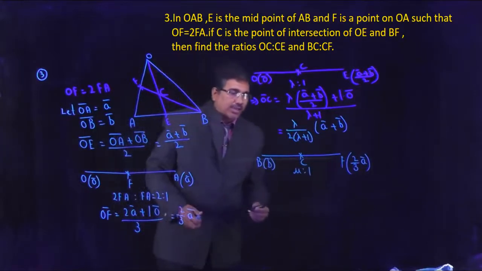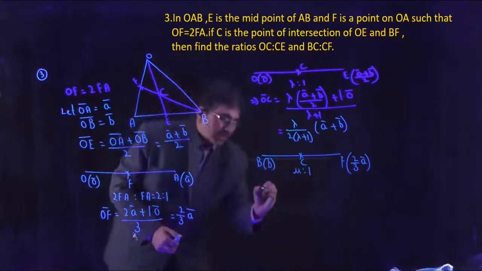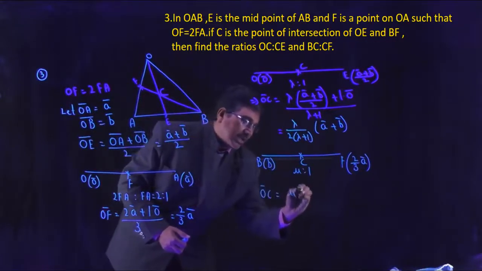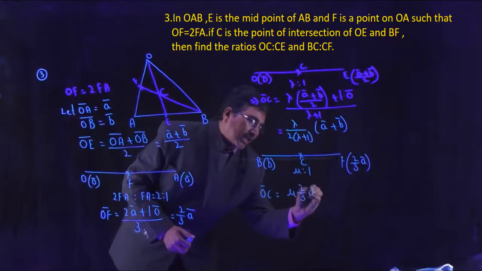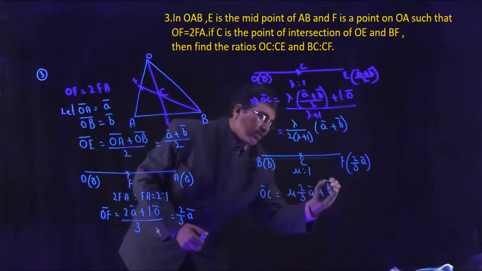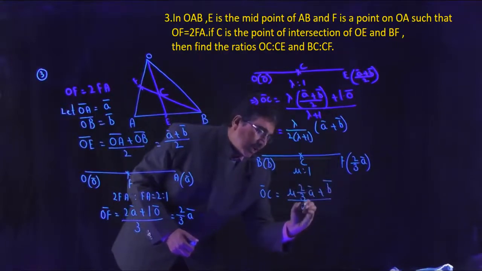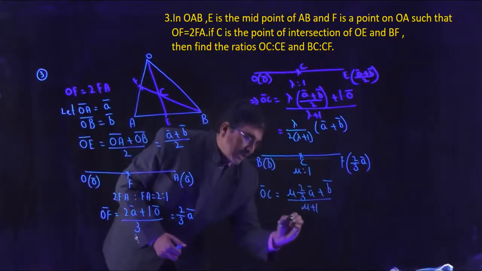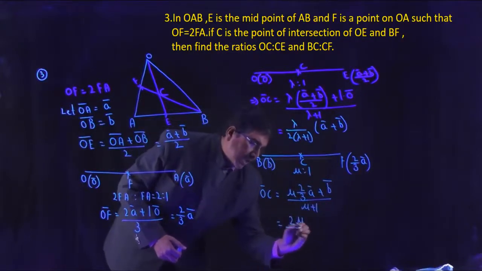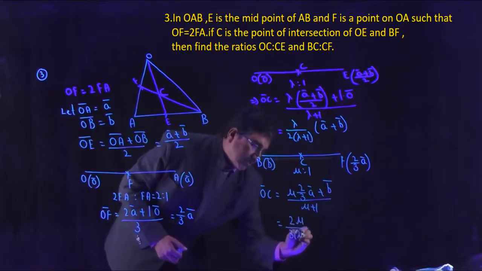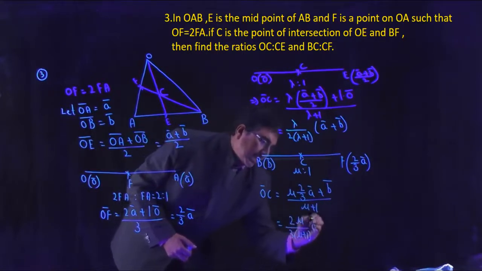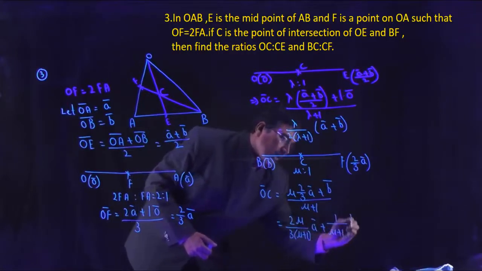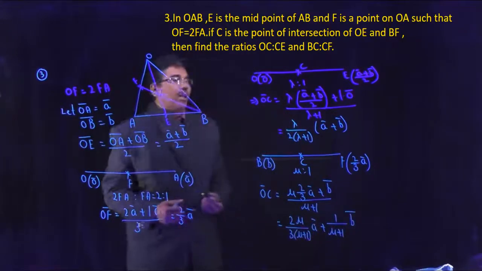Now the position vector of C, OC bar, is equal to (mu times 2 by 3 a bar plus 1 into b bar) divided by mu plus 1, that is equal to 2 mu divided by 3 times (mu plus 1) into a bar plus 1 by (mu plus 1) into b bar.